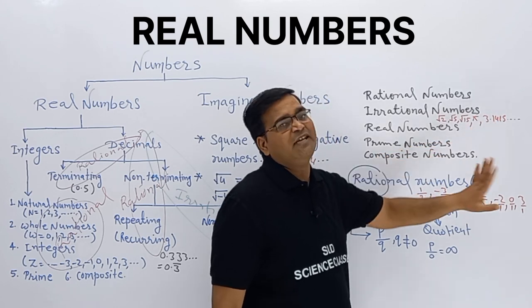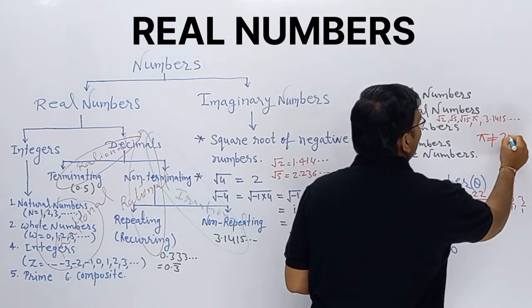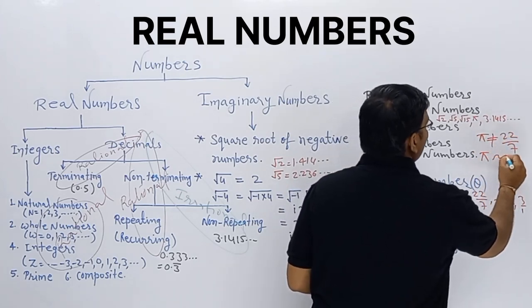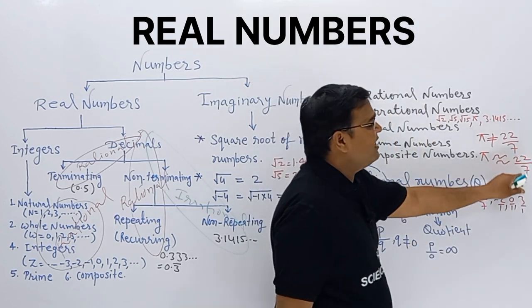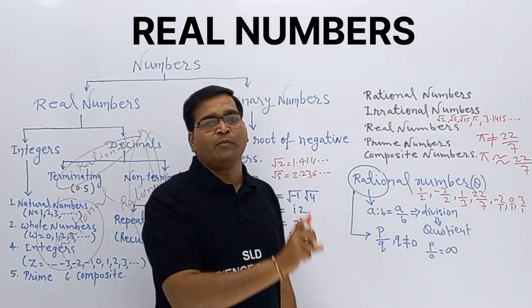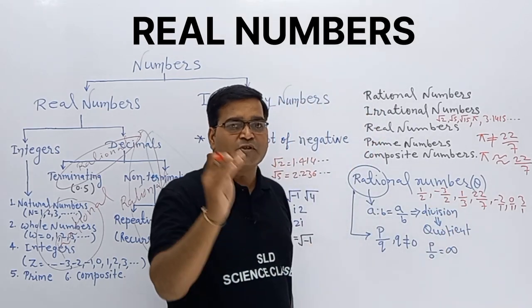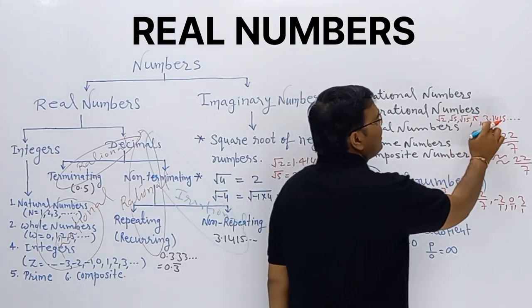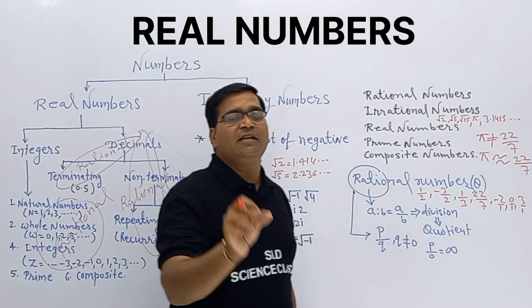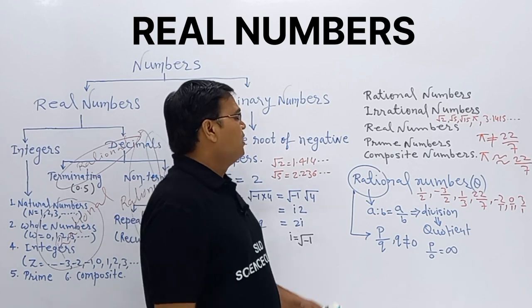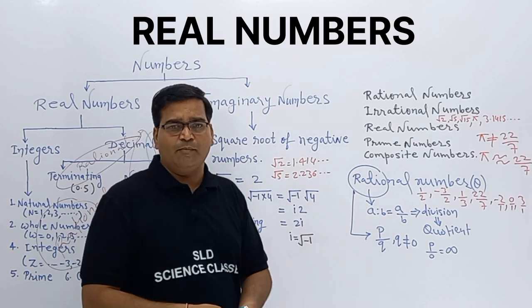So pi is not equal to 22 by 7. Pi is approximately equal to 22 by 7. 22 by 7 is a rational number and is the approximate value of pi. The exact value of pi is 3.14 and so on, in which we get non-terminating, non-repeating values. So we revised rational and irrational numbers.